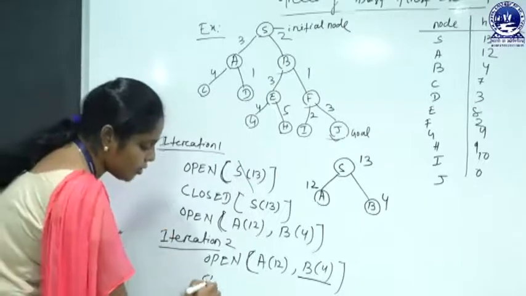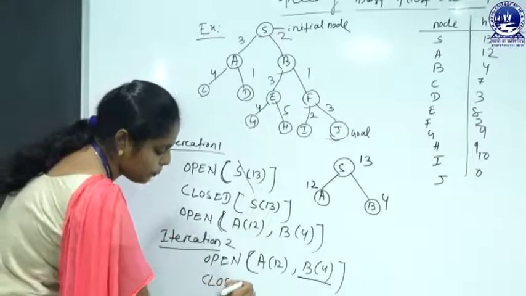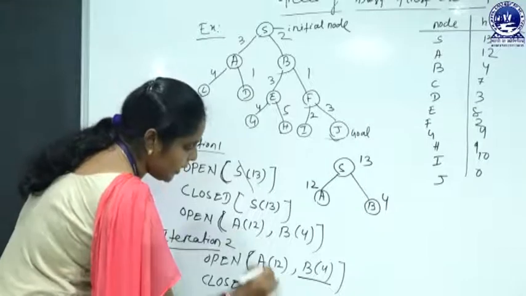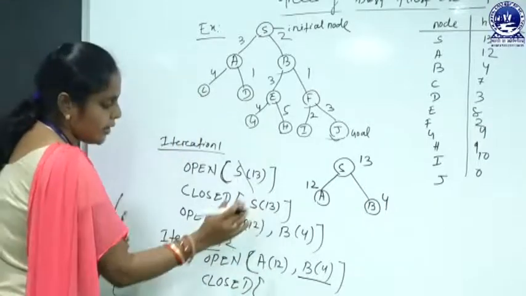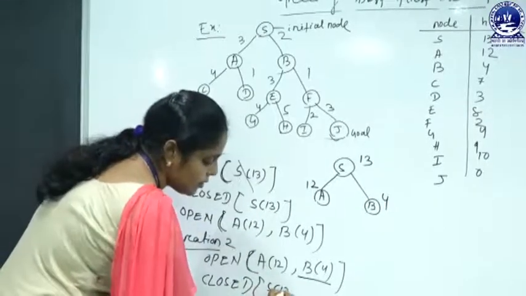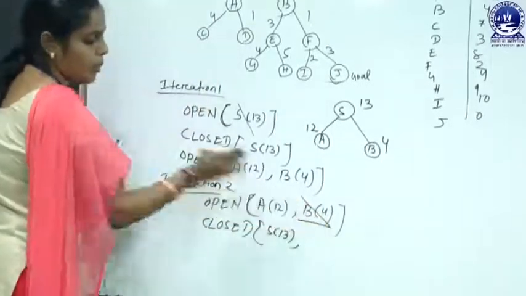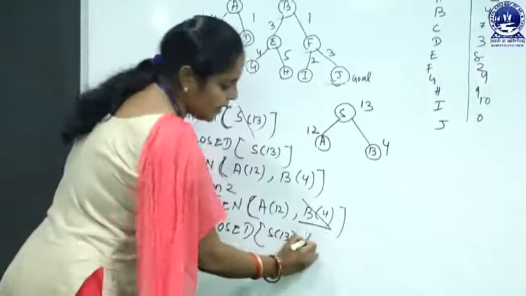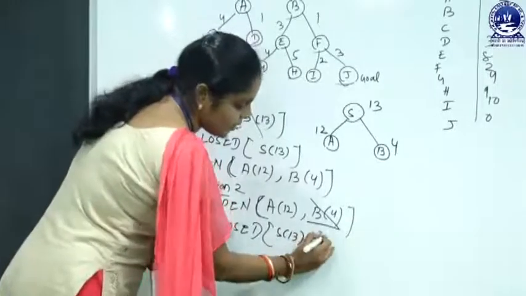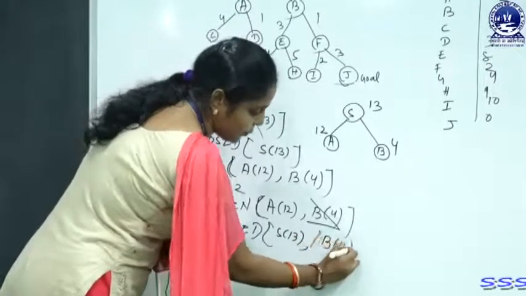Now our closed list contains, first of all, S, and now the node B is removed from the open list and added in the closed list, that is B with heuristic value 4.